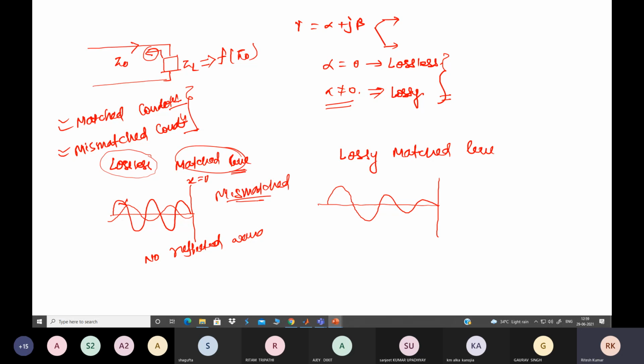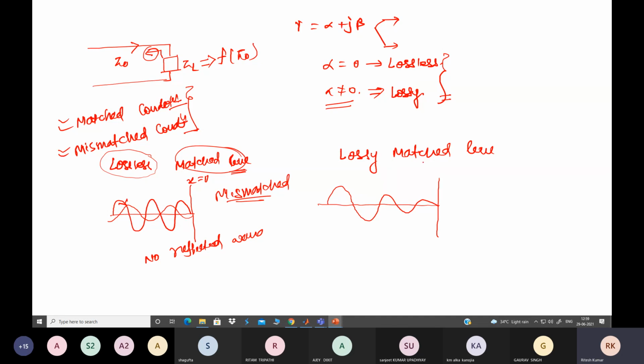Since mismatch is there, therefore we can have some phase difference between the wave which is incident and the wave which is reflected, and that phase difference will be given by your reflection coefficient discussed in unit 3rd, but here we will discuss in detail that reflection coefficient.